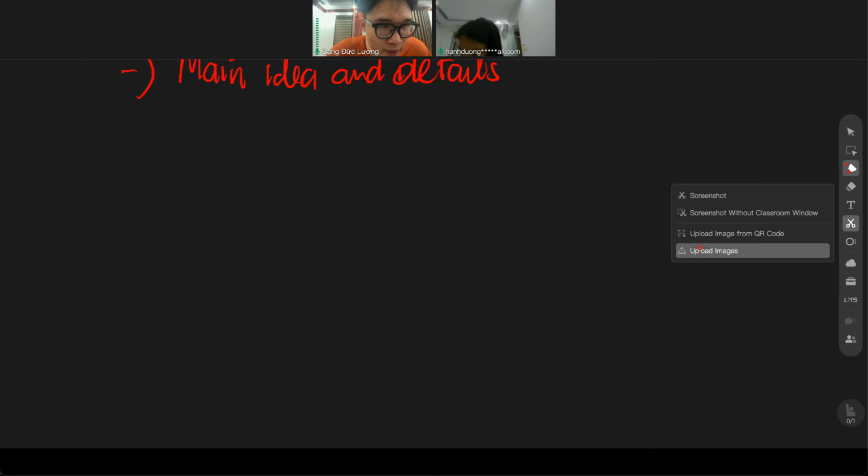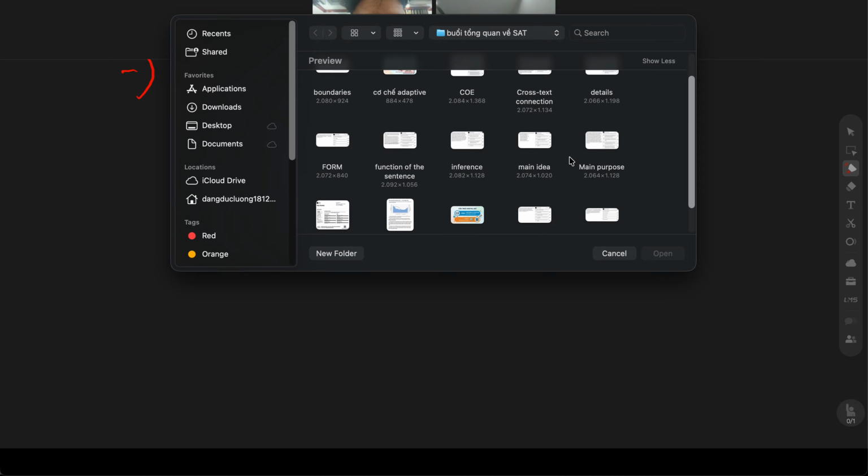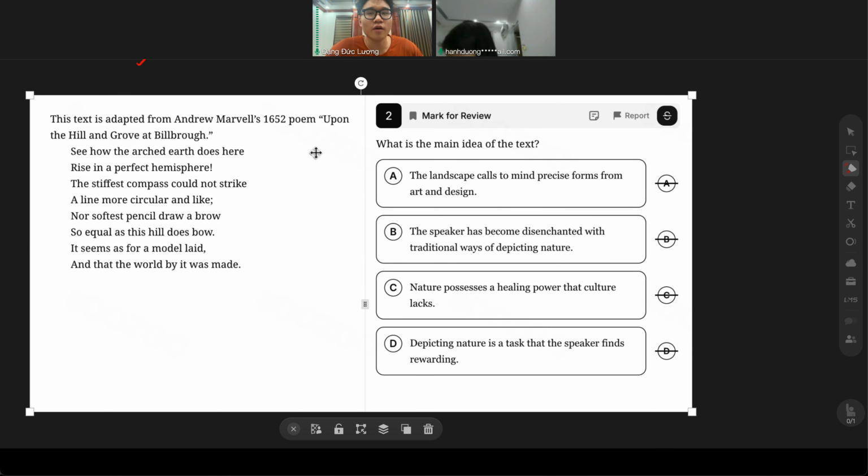First one is the main idea question. Here, you will have to read to get the gist of the text, and you will have to find the right paraphrase of the idea of the text.